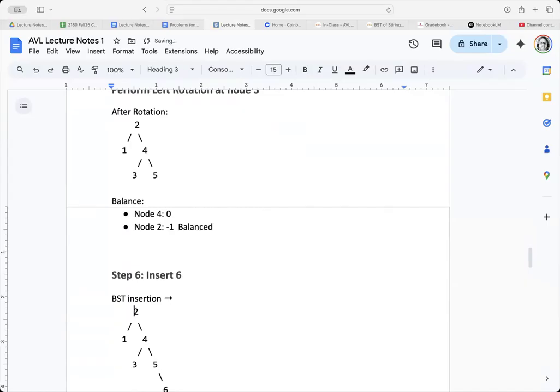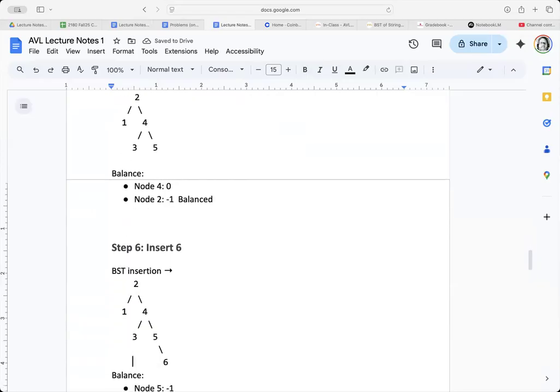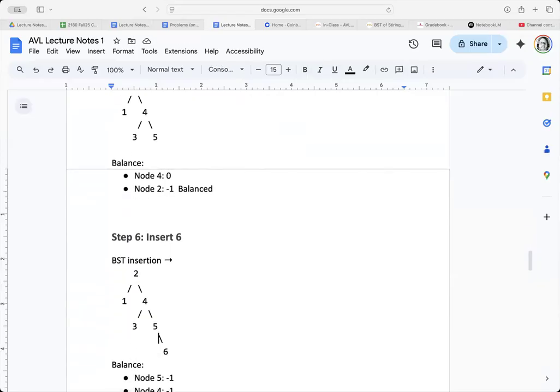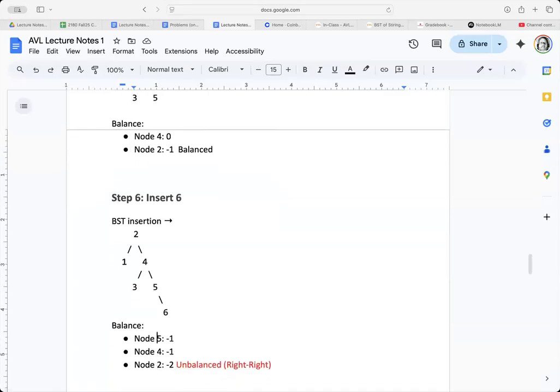Now we go to insert the 6. Following our normal rules, the 6 is going to go here. We now look at the nodes. At node 5, we're okay. It's 0 minus 1 and -1. At node 4, we're 1 minus 2, -1, we're okay. But at node 2, we're at 1 minus 3 for -2.